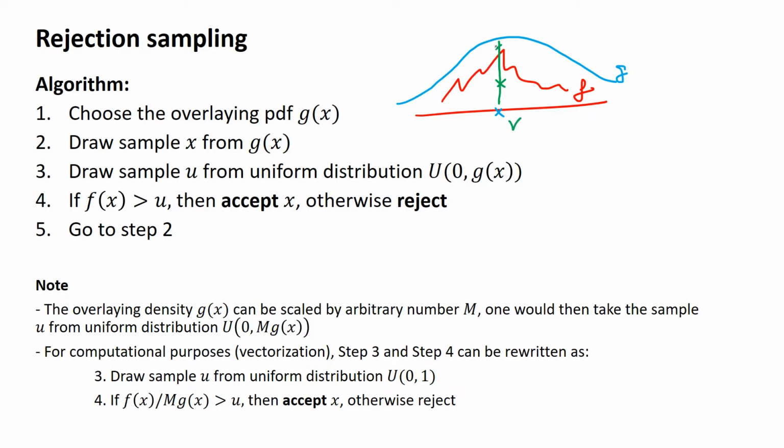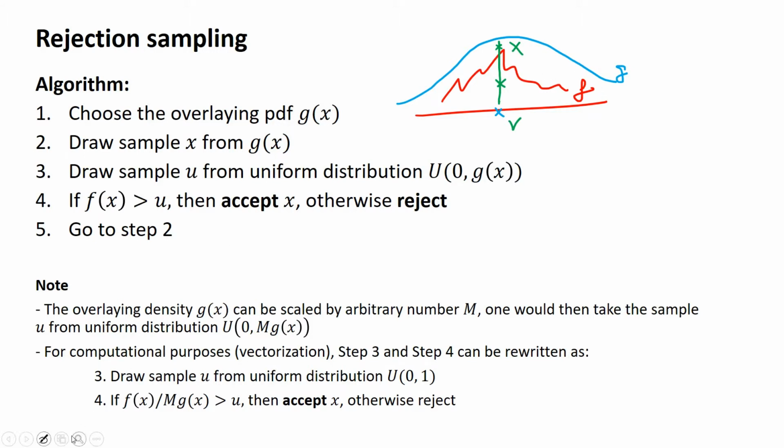If it's above, reject, and repeat this process over and over again. Now it's important to ensure that g is always overlapping f at each point, because otherwise the algorithm does not work. It would break if we tried to do it.